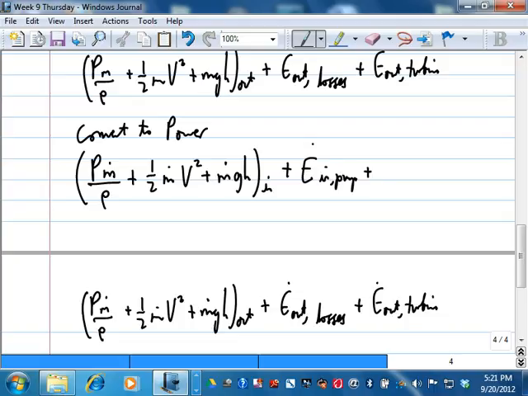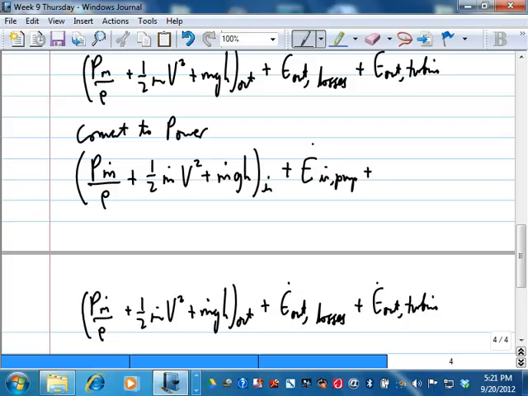If that happens in 1 second, everything turns to power. So we have flow power, flow kinetic power, potential power, pump power. This one, that one.